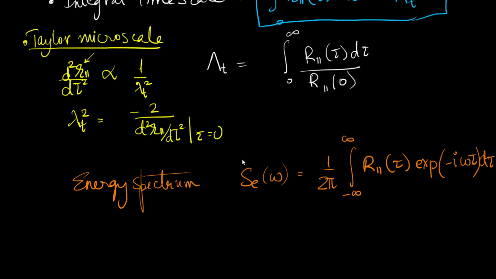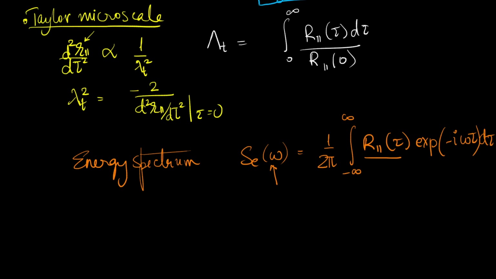So this tells you the energy content with the frequency omega in a given autocorrelation R11. This kind of interpretation will be clearer to you when you undertake your course on transform calculus. But for now, just remember that this is by definition just the Fourier transform, and we are calling it energy spectrum, and it will be clear why.